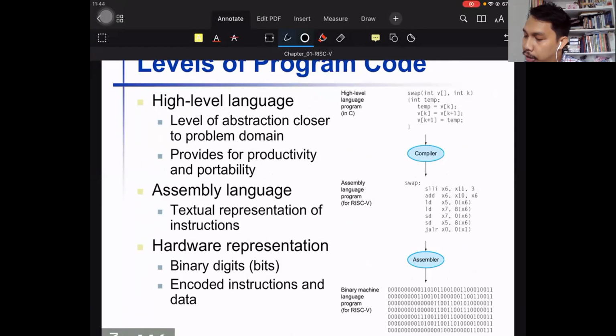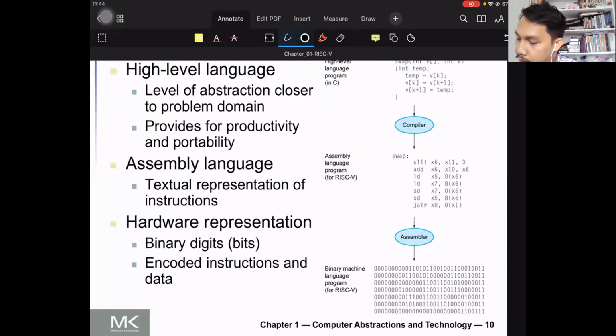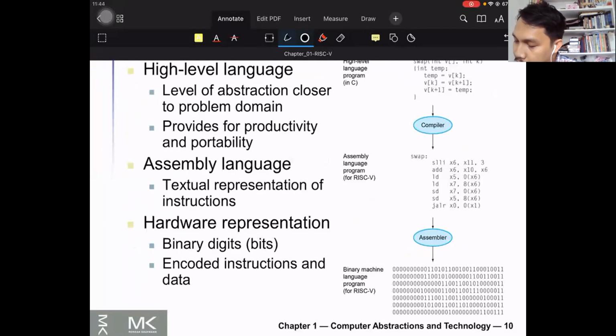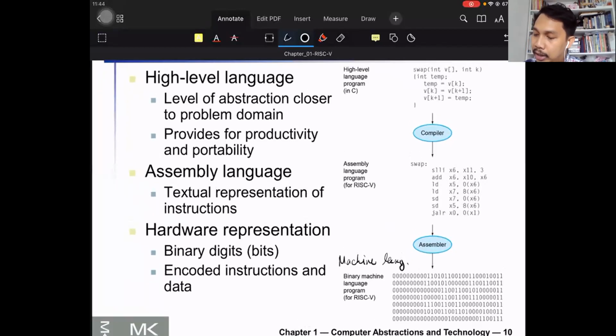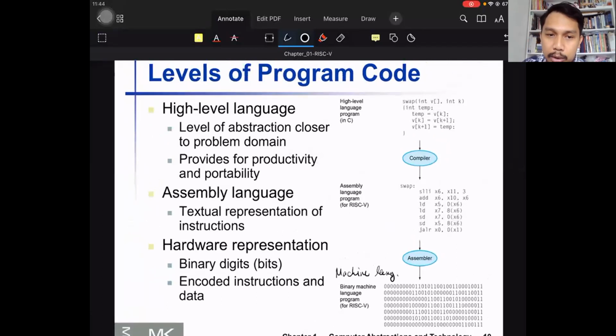So what's the difference between assembly language and machine language? More common term is machine language. And what's the difference between compiler and assembler?